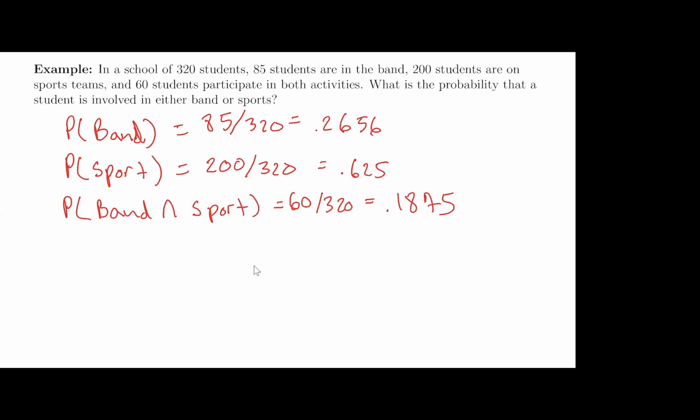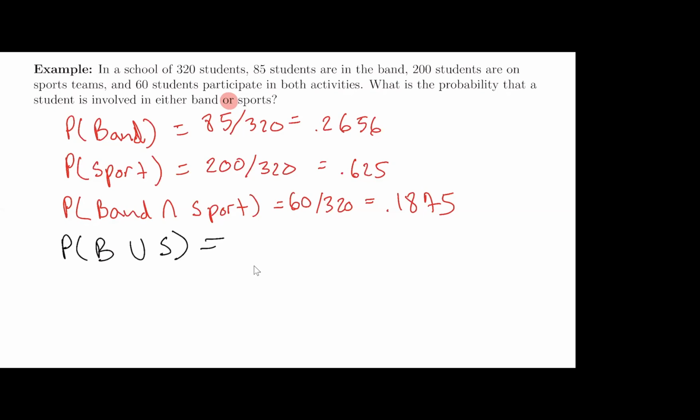Yes. Okay, so if we look at the last sentence, it says, what is the probability that a student is involved in either band or sports? So the keyword here is "or." We're going to find the probability they participated in band B or sports.